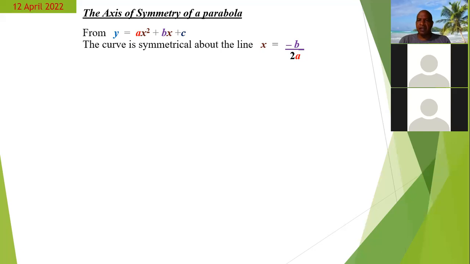If you should fold that diagram right in the center there, right? So when that happens, that line that you draw down through the center is known as the line of symmetry. And in other words, in this case, we call it the axis of symmetry.